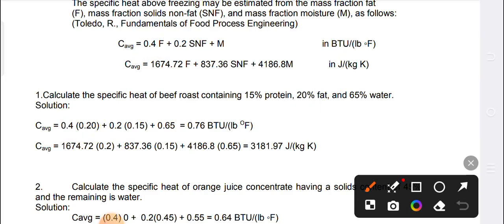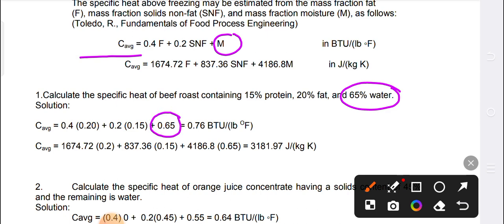And then for the water, sabi niya, ang kanyang composition ay 65%, which is eventually 0.65. For the first equation, just the mass fraction for M, kaya ito, plus 0.65 lang siya. Whereas on the second equation, ito, 4,186.8 times 0.65.